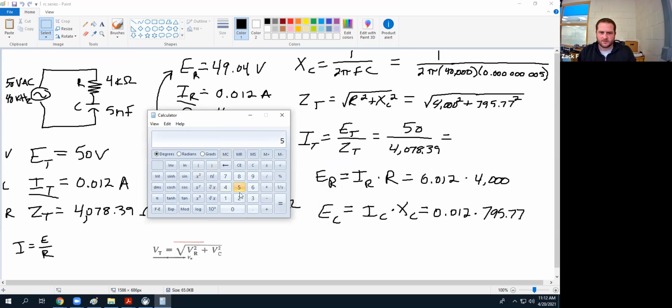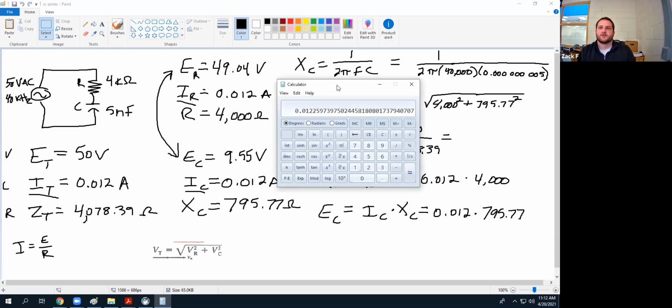We took 50 divided by 4078.39 equals. So you took 0.012 times 4,000. I took 0.01225973997 and so on. And that's what gave us different values.